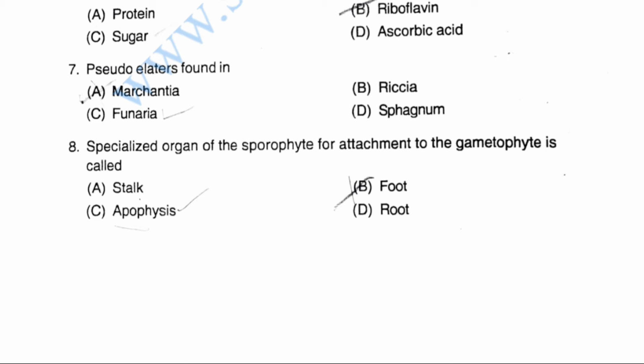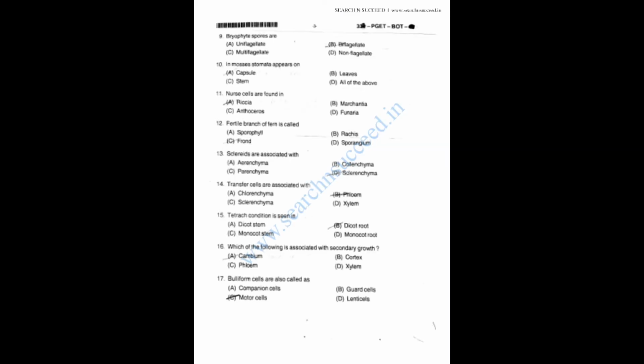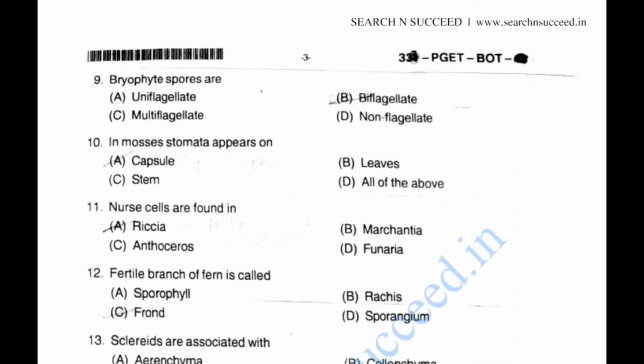Capsule is the sporophyte. Capsule, seta, all are parts of the sporophyte. Clear? So foot is that structure. Here the main plant body is the gametophyte. Here the sporophyte is attached to the gametophyte with the help of the foot. Clear? Okay. So let us move on to question number 9.